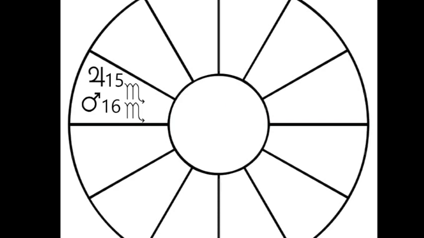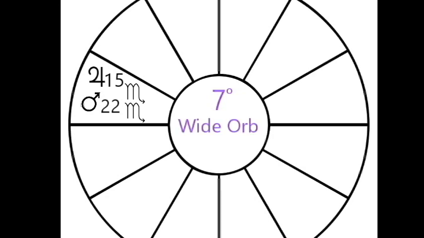However, if Jupiter is at 15 and Mars is at 22 Scorpio, that's an orb of 7 degrees, which is known as a wide orb.